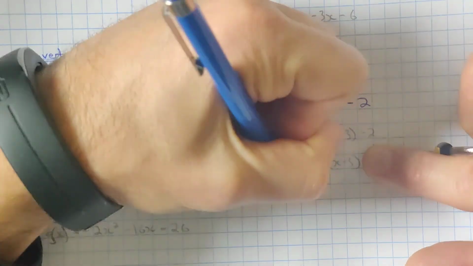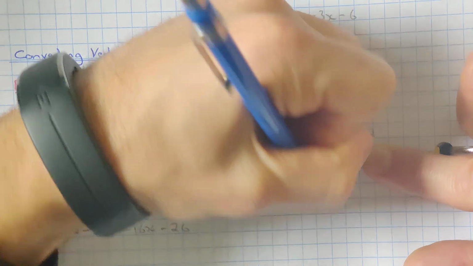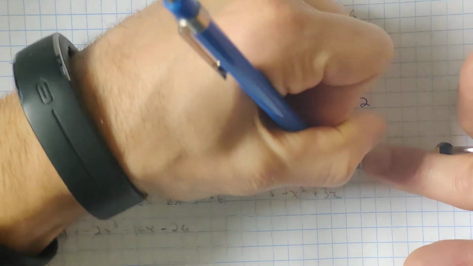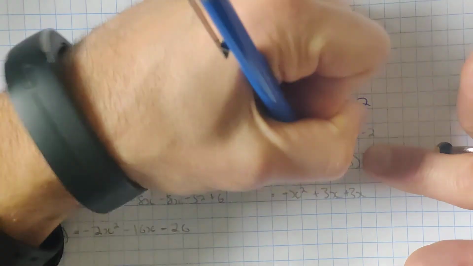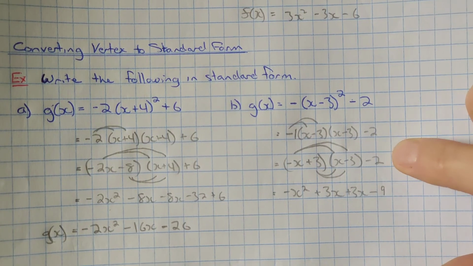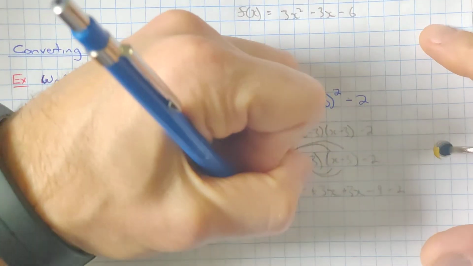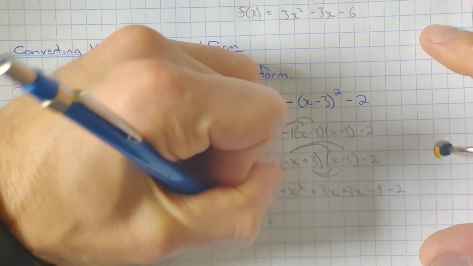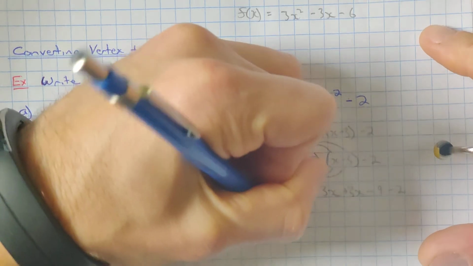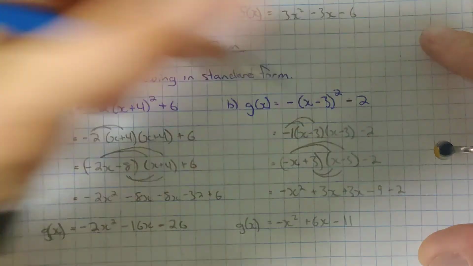We get negative x squared, positive 3x, positive 3x, negative 9. So there's our first multiplication. There's still the negative 2 at the end. And then we simplify. This is g(x) again. Negative x squared plus 6x minus 11.